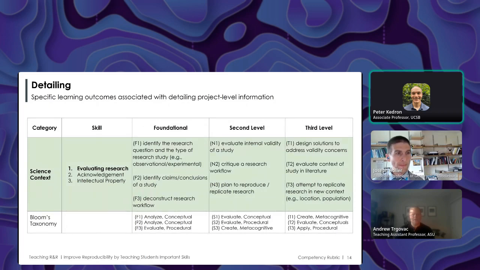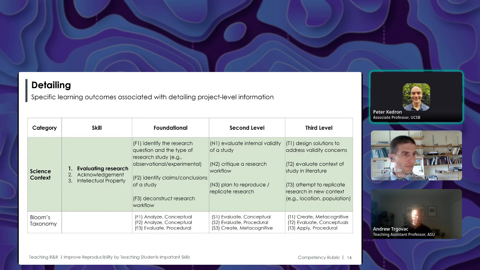And the last thing I'll say about this slide is this science context skill, maybe people wouldn't think of it in a normal reproducibility rubric, but this is also where we're trying to take that more expansive view and not only focus on data and code sharing aspects, but really contextualizing why we do a reproduction attempt or a replication attempt, and what are the important skills in setting up those attempts or positioning them within the larger spatial data science or scientific discourse.